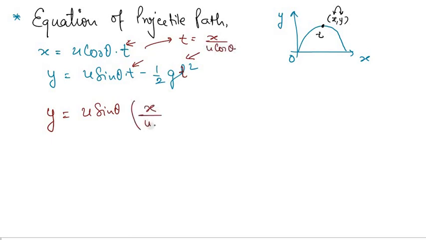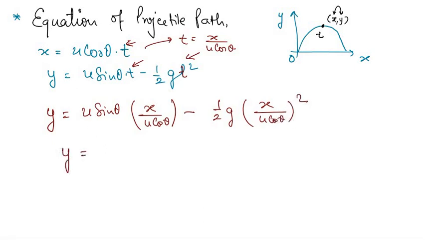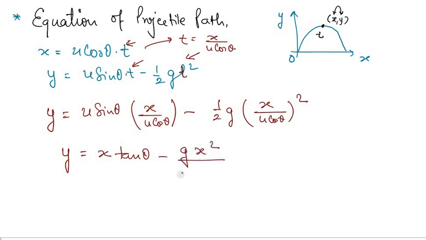You will get u cos theta, minus half g into x by u cos theta whole square. So you will end up getting the equation y is equal to x tan theta minus g x square by 2u square cos square theta.